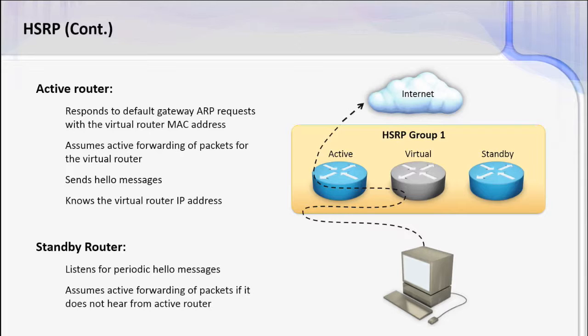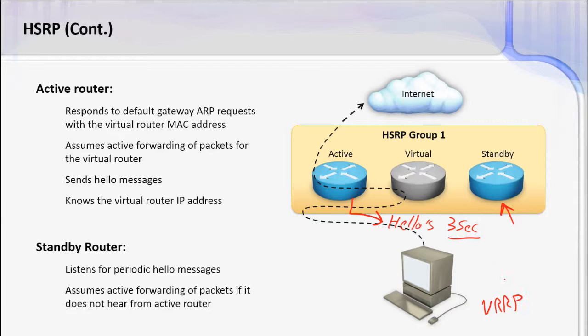In HSRP, we have the concept of an active router and a standby router. The active router and standby router hear each other. They know about each other because the active router is sending hellos every 3 seconds to a multicast group. The standby is listening to those hellos every 3 seconds, and if you miss 3 hellos, we consider that a failure.